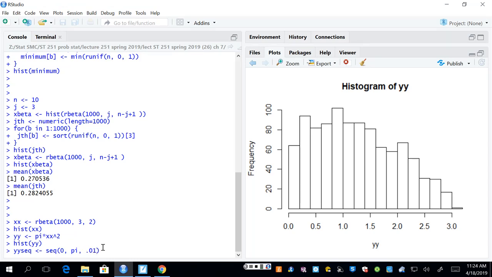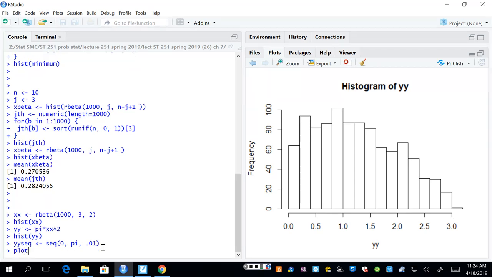So this is going to be 300 some values, 0 to up there. And we can simply plot our sequence of y values versus the density. And we determined that the density is 6 times the square root of y over pi times 1 minus the square root of our y sequence over pi, divided by pi.